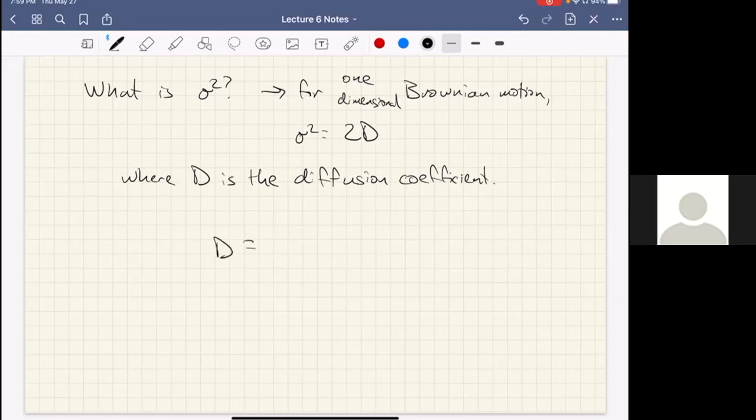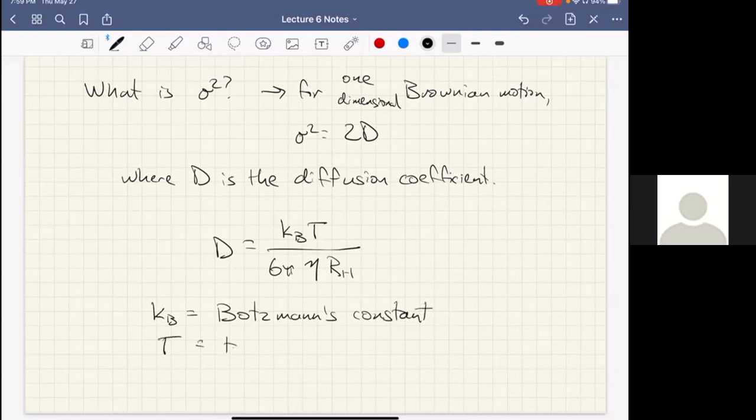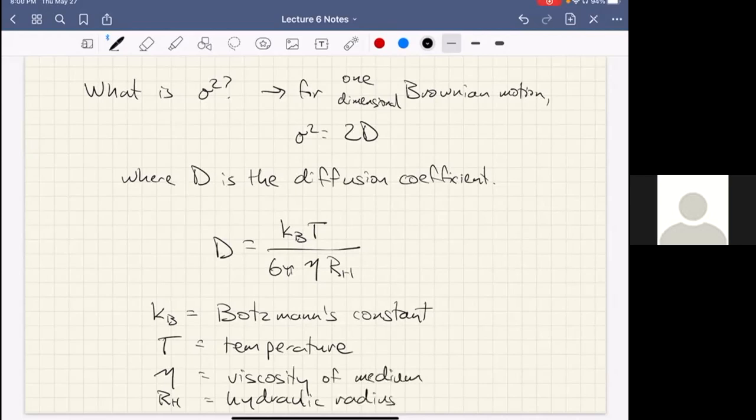It is D equals k_B T divided by 6 pi eta R_H, where k_B is Boltzmann's constant, T is the temperature, eta is the viscosity of the medium, and R_H is the hydraulic radius of the particle.